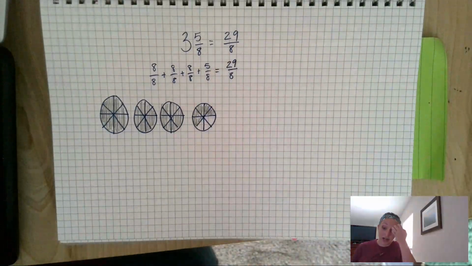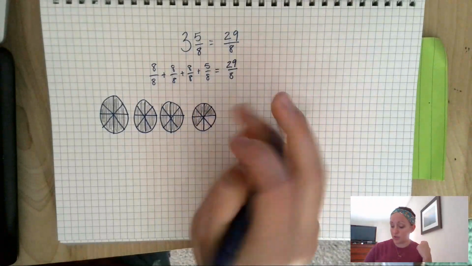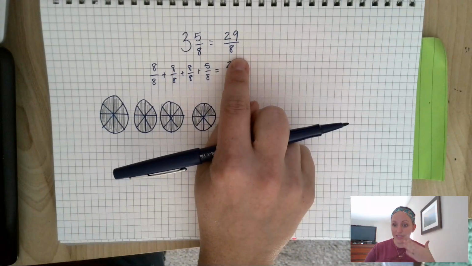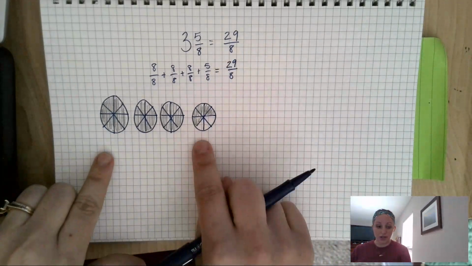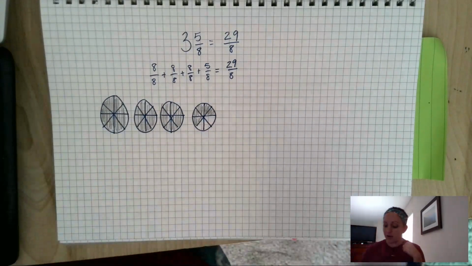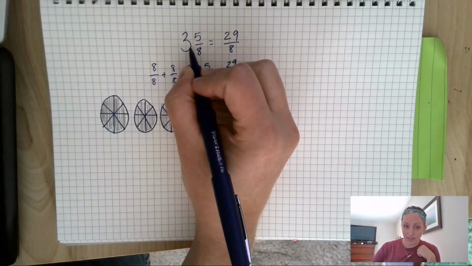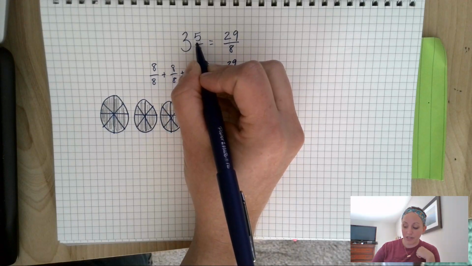There's another strategy that you can use to change this mixed number into an improper fraction. I'm just going to explain it really quickly. It goes over this in your video too, but right here you can use your fraction models, you can use your addition sentence, or you can take the denominator 8 times the whole number 3. 8 times 3 is 24, plus 5 more is 29.